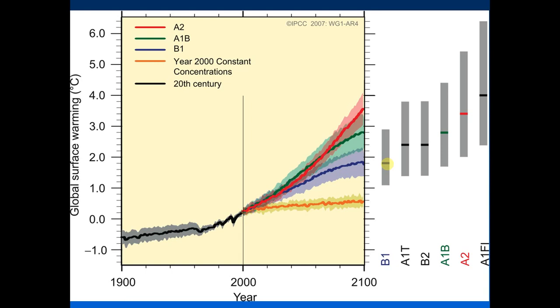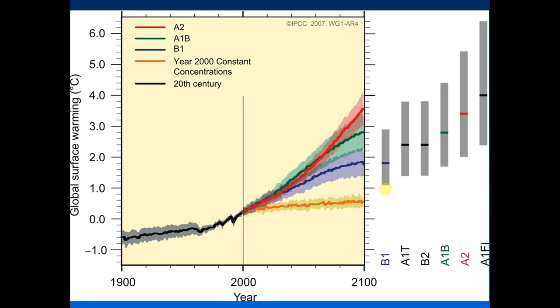Now, the range for the global temperature increase from the B1 scenario is anywhere from about 1.0 Celsius to 3.0 Celsius, okay? So recall uncertainty when we were talking about the radiative forcing diagram.